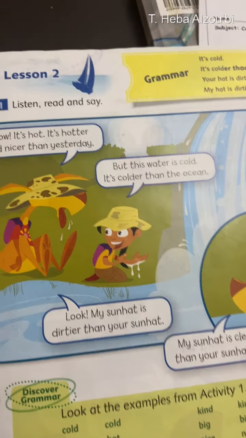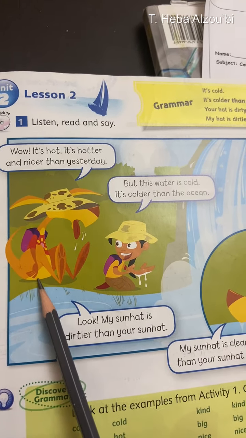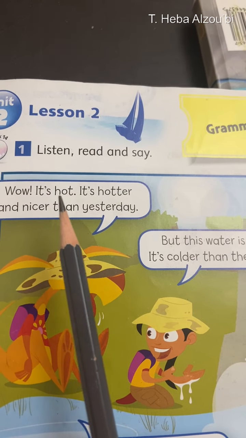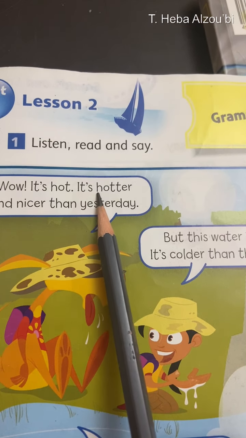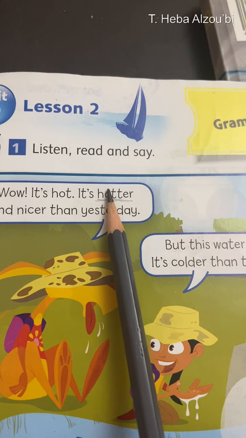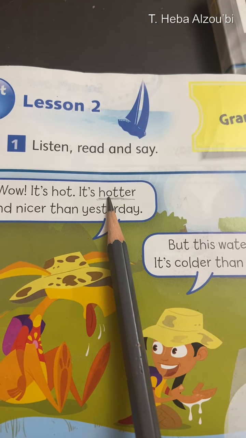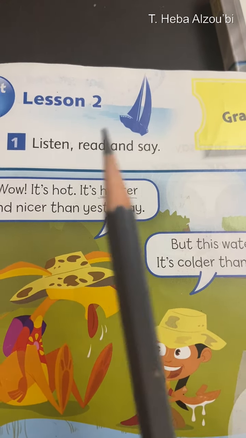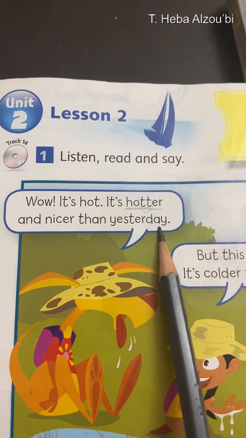For example, let's read this conversation between Bouncer and Tina. Wow, it's hot. It's hotter. This adjective, we doubled the letter T because the previous one is a vowel. That's why we doubled the letter T. It's hotter and nicer than yesterday.